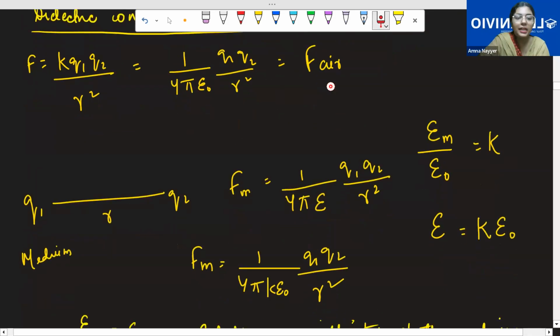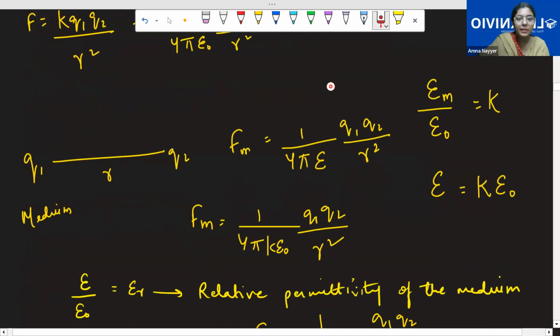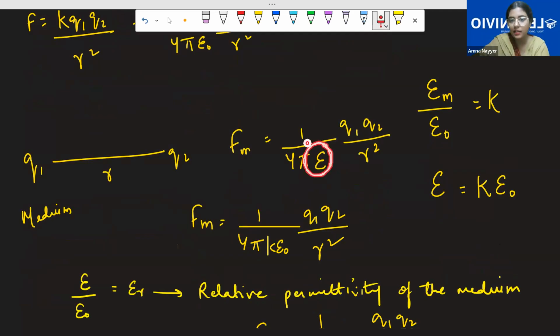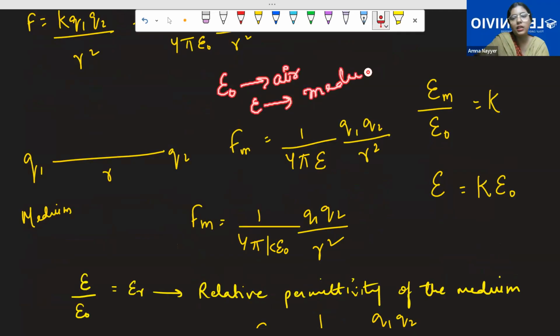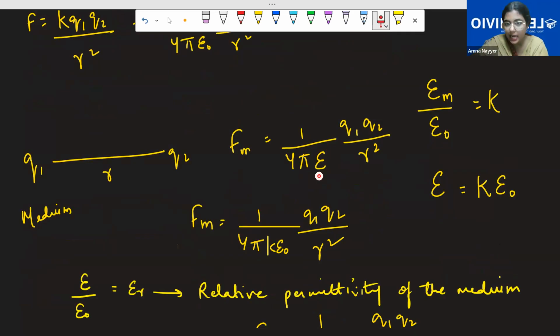Now, if I change the medium, then I cannot put epsilon naught. Here I'll have to put an epsilon. Epsilon naught is for air, while epsilon is for a particular medium. In that case, force will be equal to 1 over 4 pi epsilon.